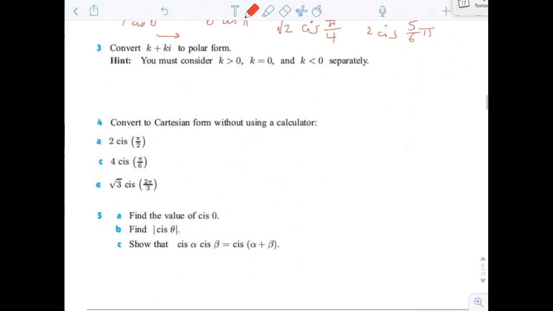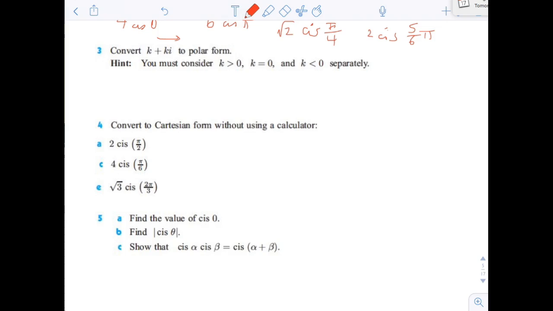Number 3. Convert k plus ki to polar form. You must consider the cases k greater than 0, k equal to 0, and k less than 0 separately. So let's first assume that k is positive. If k is positive, then a k-sided triangle is going to have an argument of 45 degrees or pi over 4, right?